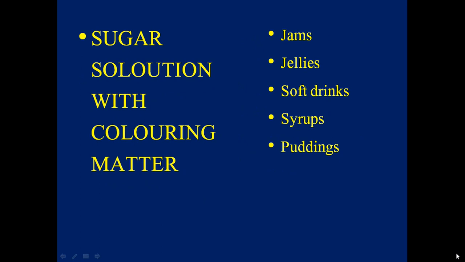Then sugar solution with coloring matter: jams, jellies, soft drinks, syrups, and puddings. These are also a category of stains which are mainly found when a person is working in a cake shop, cake factory, or jam factory.